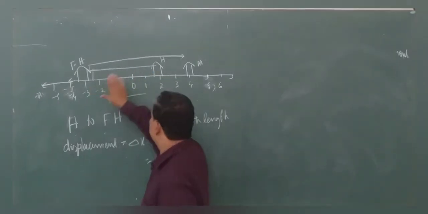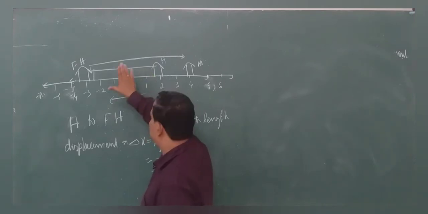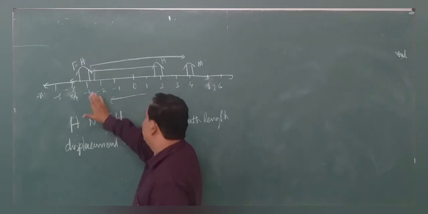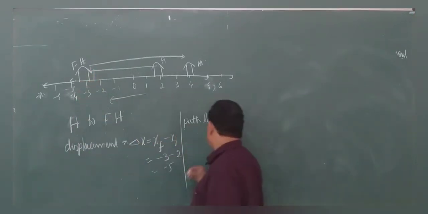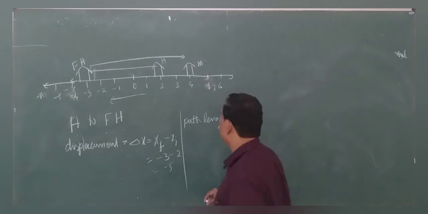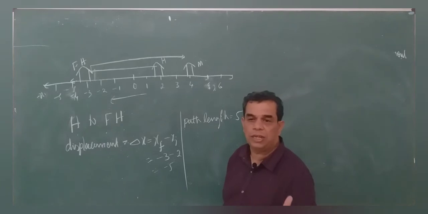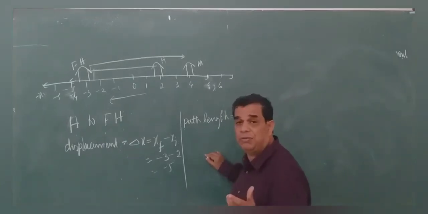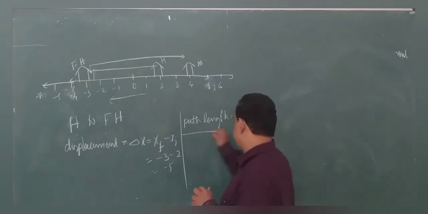House to friend's house: 2 to 1 is 1 kilometer, 1 to 0 is 2 kilometers, 0 to -1 is 3, -1 to -2 is 4, -2 to -3 is 5 kilometers. So the path length is 5 kilometers. There's no formula for this. Just count how many kilometers are between them. It cannot be negative; it's only the distance between them. So this is one situation.